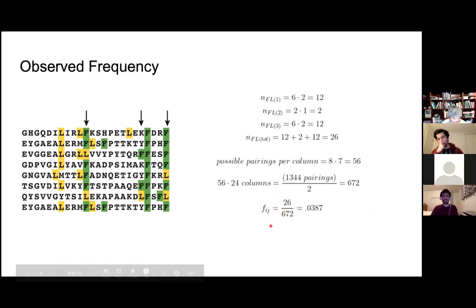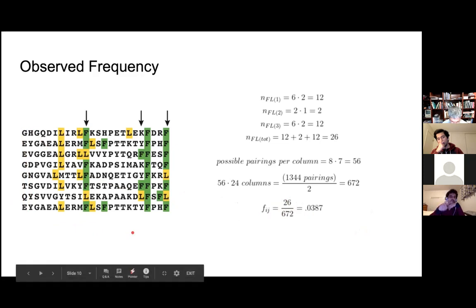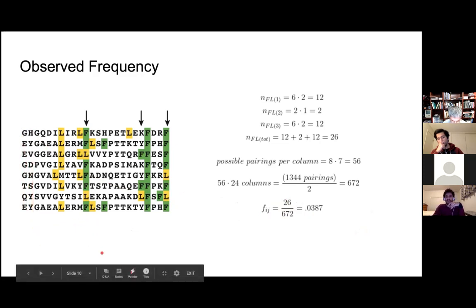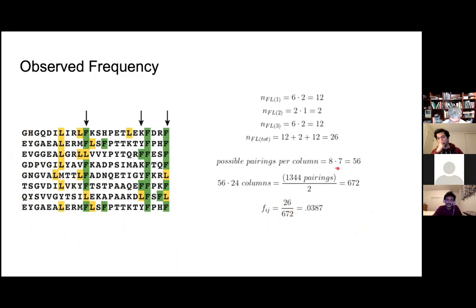Now the denominator, the total number of pairs. Let's take one column. There are 8 amino acids in one column, and in a pair we have 2 amino acids. In the first position, there are 8 possibilities. In the second position, because there's already 1 taken, we have 7 left over. So 8 times 7 gives 56 possible pairings in one column, times 24 columns in this block, and we get 1,344 pairings.